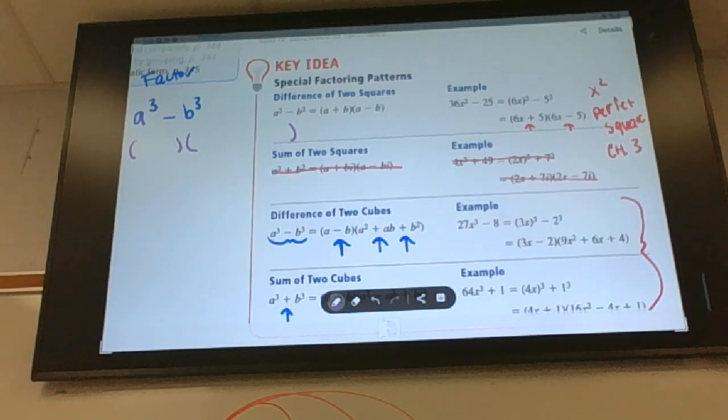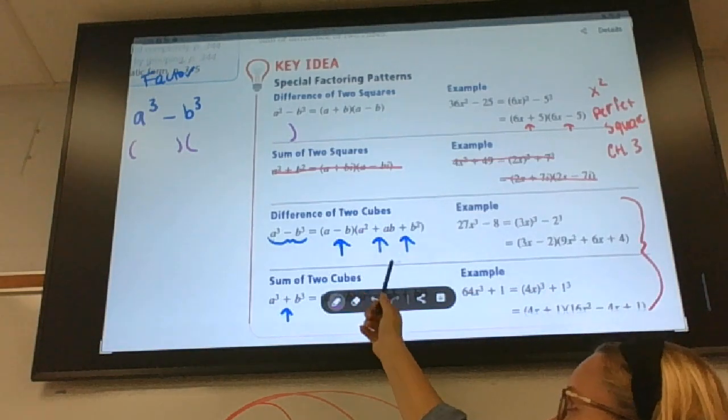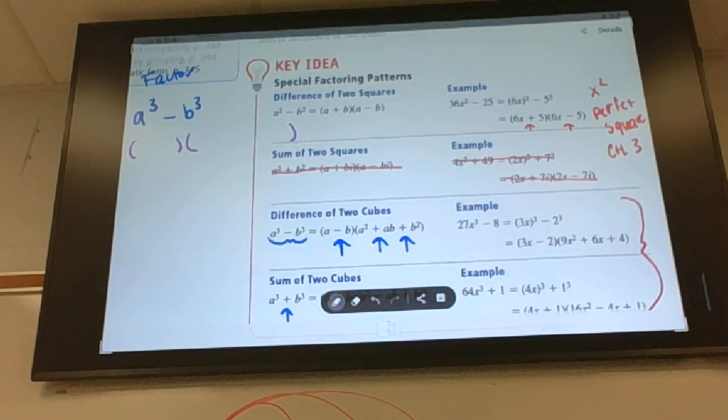The binomial is a cube root and a cube root. And so the same sign as the problem. So this is a minus, so I put a minus sign in.